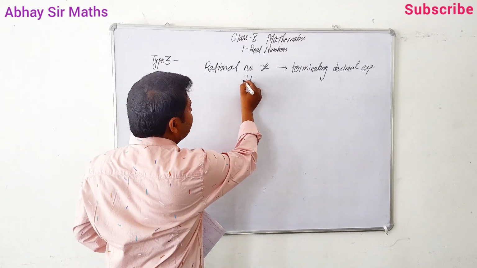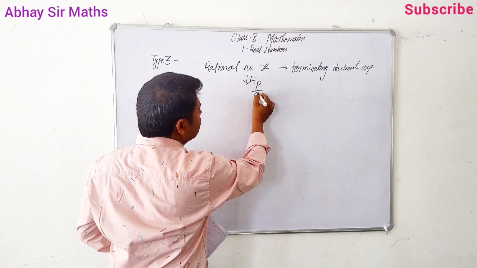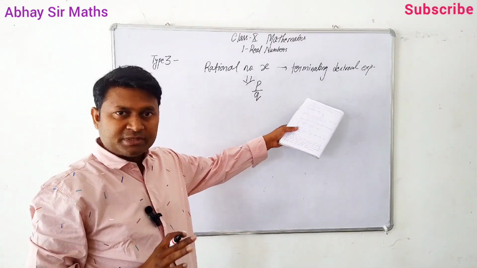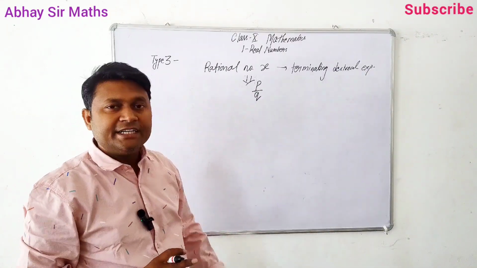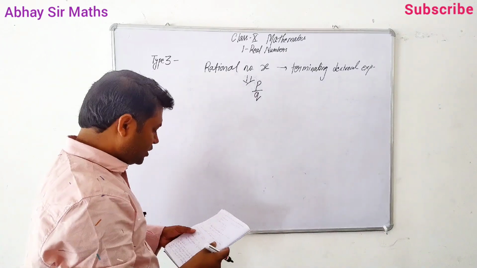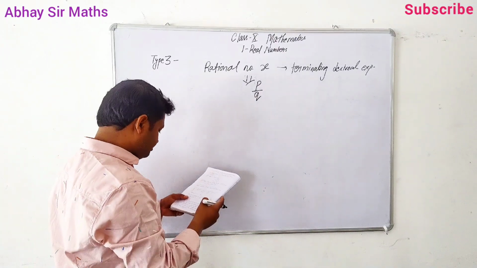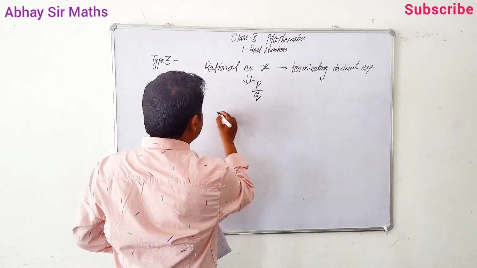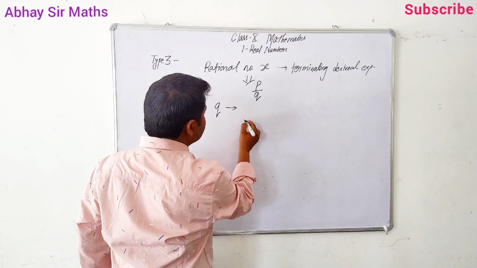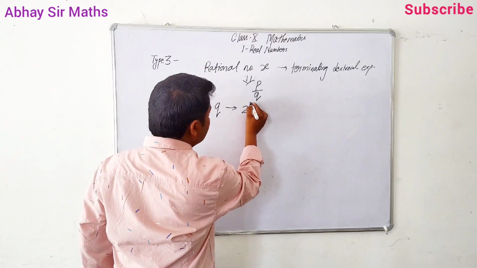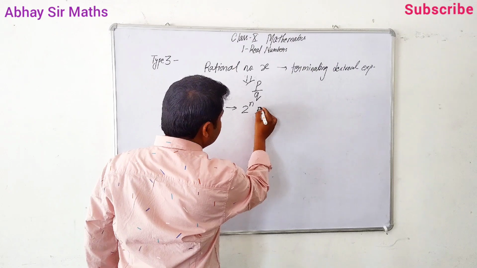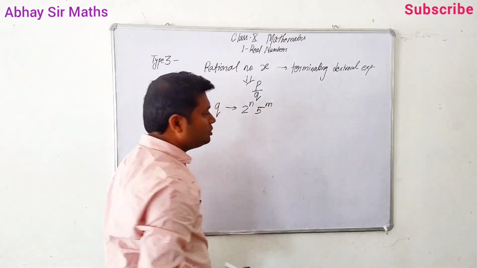Then it can be written in the form of p by q. अगर rational number x है तो वो terminating decimal expansion होगा, or we can write it in the form of p by q. So children, the unique thing about it is the prime factorization of q. Prime factorization of q will be of the form of 2 to the power n multiplied by 5 to the power m.